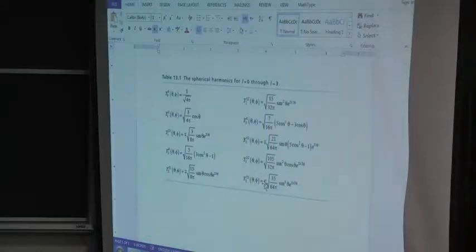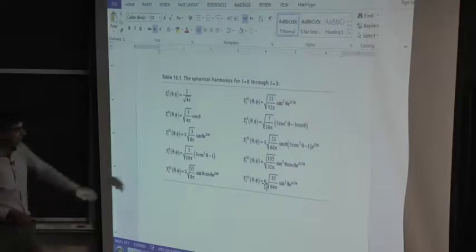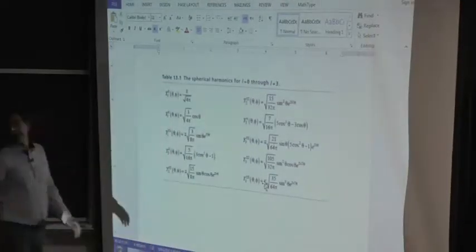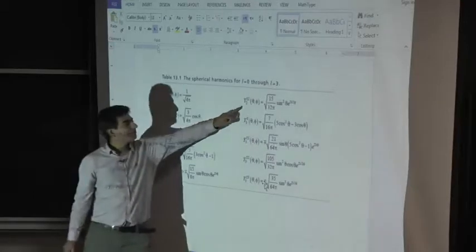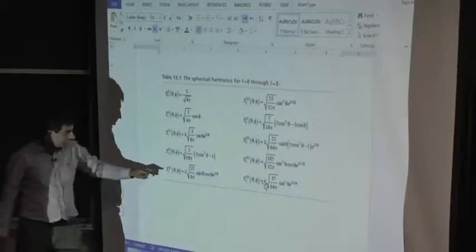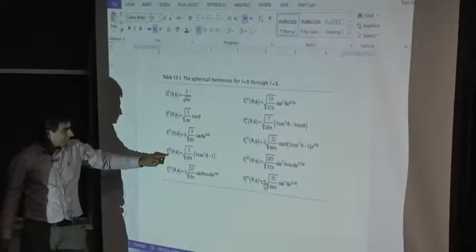if you look here, the d orbitals correspond to the spherical harmonic functions in which L is equal to 2. So these correspond to d orbitals. This has L equals 2 and m equals plus minus 2. L equals 2, m equals plus minus 1.